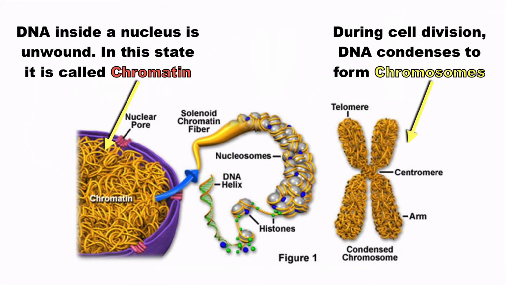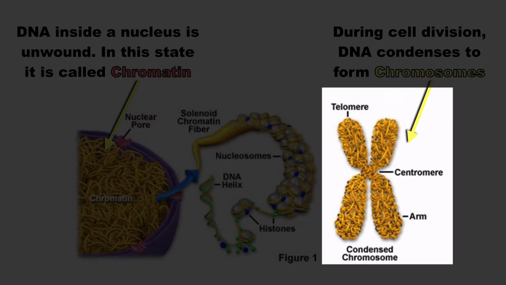That's actually the inside of a nucleus and all of the unwound DNA. That's because DNA is constantly being read and transcribed and turned into proteins. So that unzipping has evolved to just always be uncoiled. But when cell division happens, the DNA condenses, it shrinks into chromosomes. And that's what you see pictured on the right.